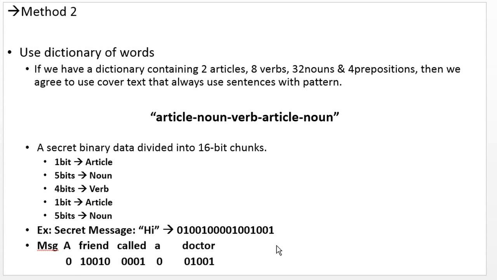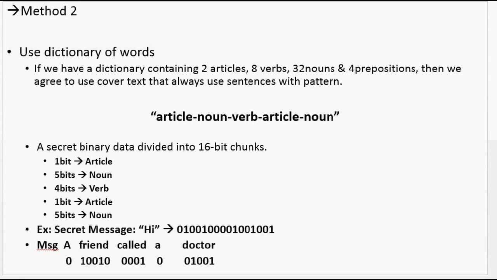The second method is using a dictionary of words. If we have a dictionary containing 2 articles, 8 verbs, 32 nouns and 4 prepositions, then we agree to use cover text that always uses sentences with the pattern article, noun, verb, article and again noun. That is, if we have at least this many values, then we are allowed to use this technique.